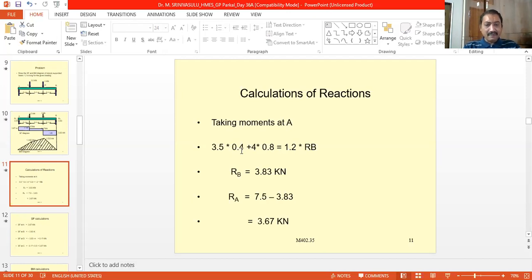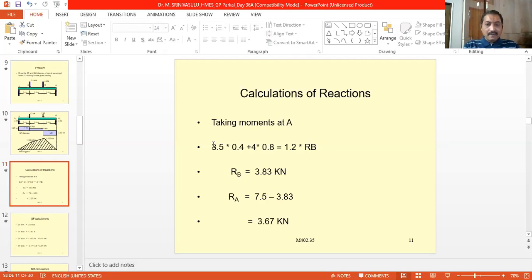or 1.2 into RB is equal to 3.5 into 0.4 plus 4 into 0.8. Whenever the body is in equilibrium, the algebraic sum of the moments of all the forces about any point is equal to 0, or the sum of the clockwise moments must be equal to the sum of the anti-clockwise moments.